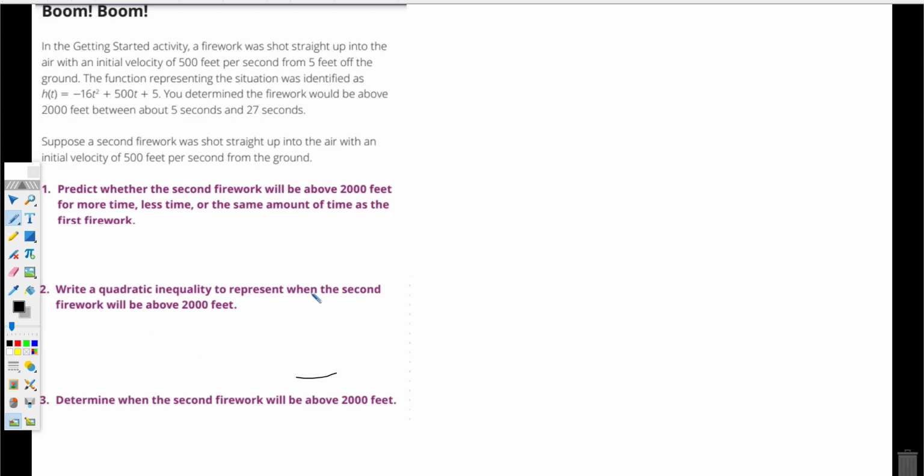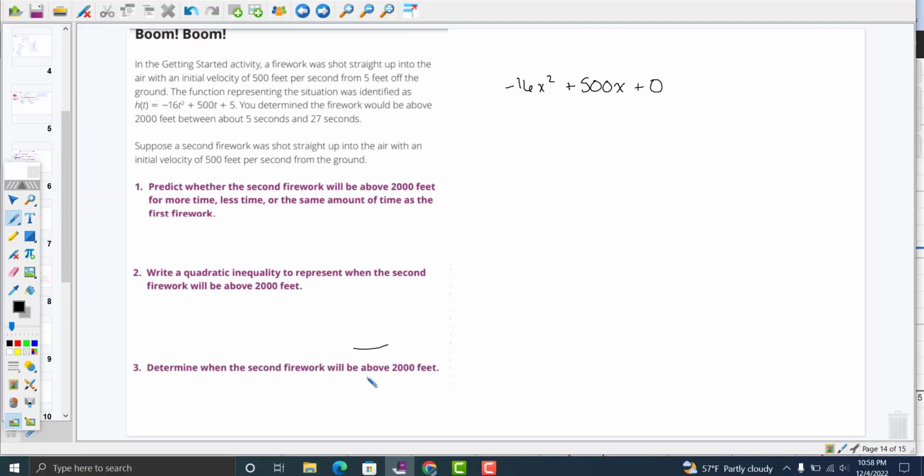So let's write an inequality represents the second speed. So negative 16 times our x squared plus your initial velocity times x plus your initial height. And so we're going to go ahead and graph that.